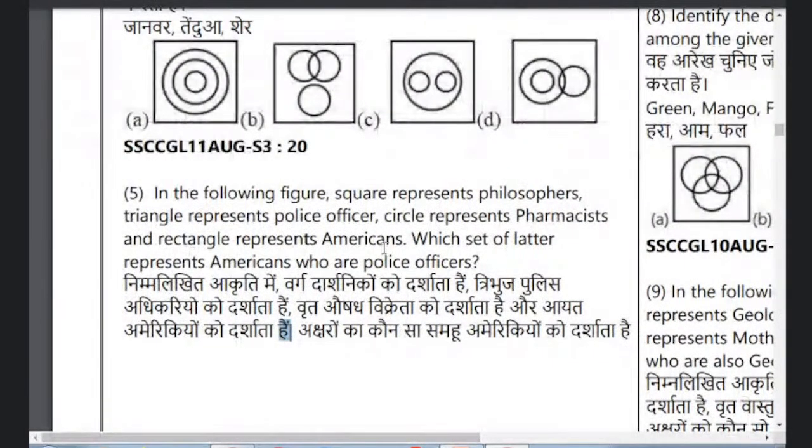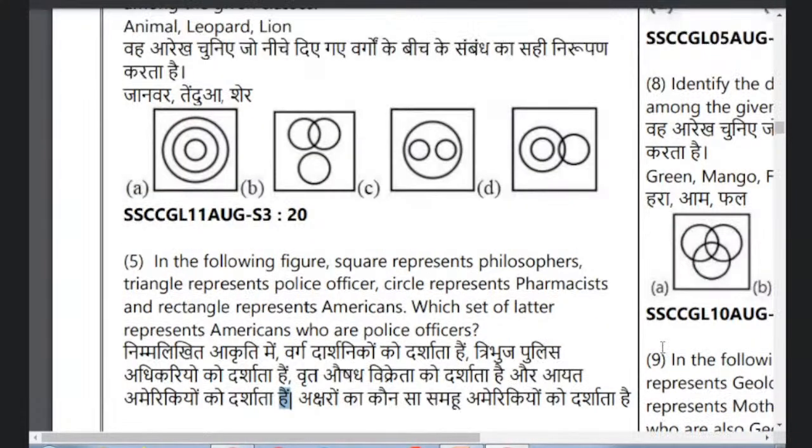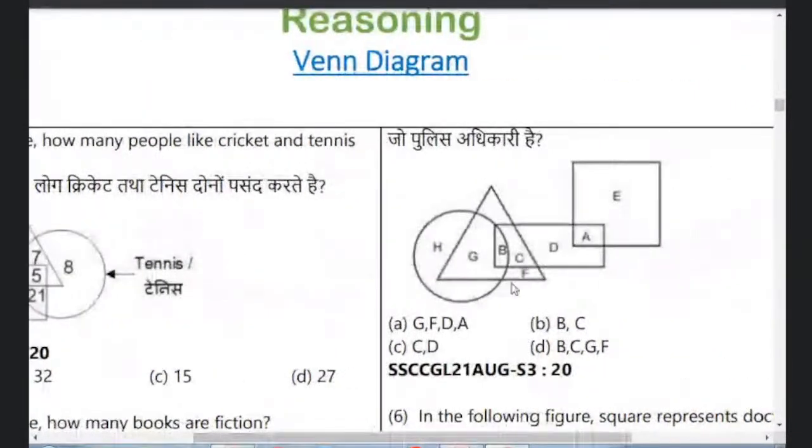Rectangle represents the American and triangle represents the police officer. We have to find which set of letters represents the Americans who are police officers, rectangle and triangle. A, D, C and B are all Americans. Okay.